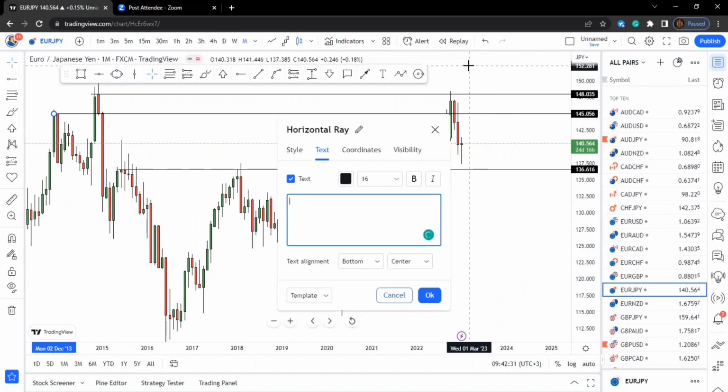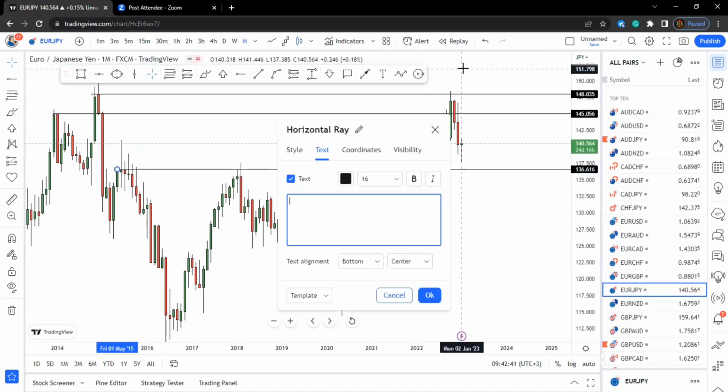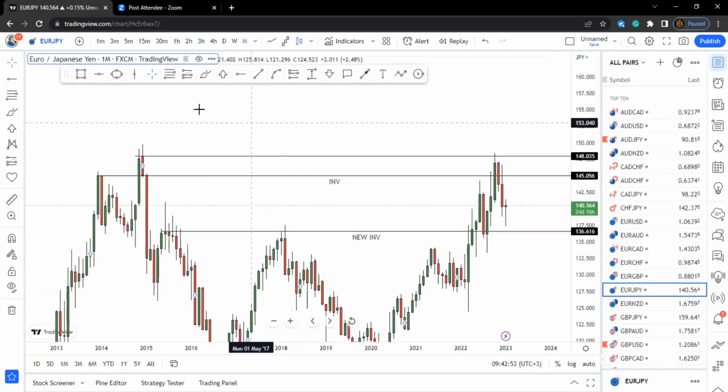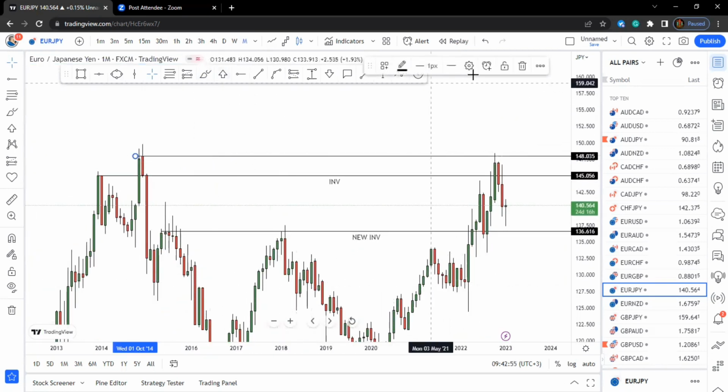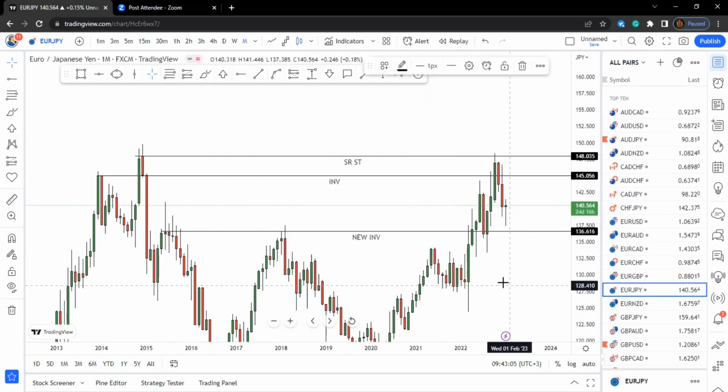This named as INV. Kulikuwa na INV, lakini kulikuwa na new INV, lakini pia kulikuwa kuna SR setup. Okay. Kwa hiyo ni setup tatu ambazo zimetokea.